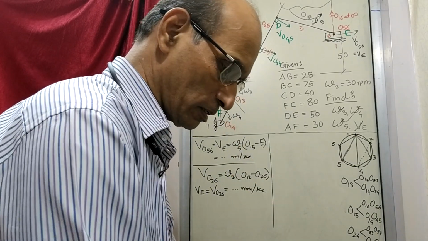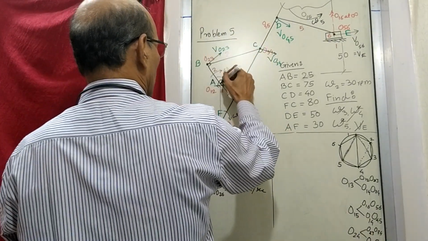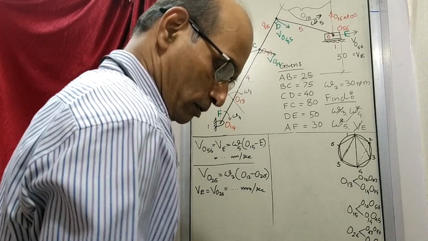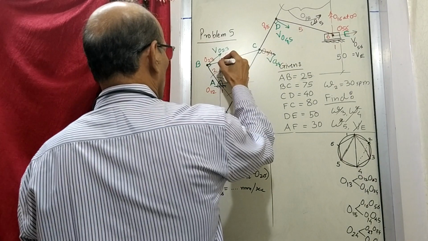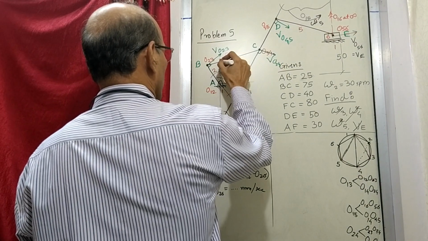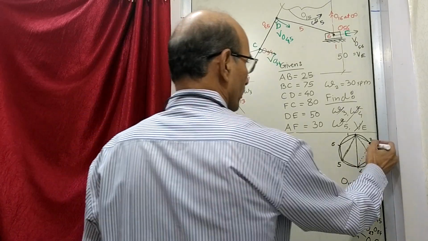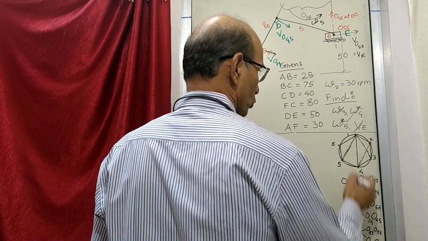When we do that, one line is here, the other line is here. So this is going to be your O 2,4. So we have obtained O 2,4, make it dark. So 2,4 is known.